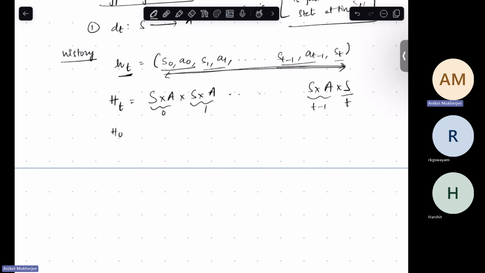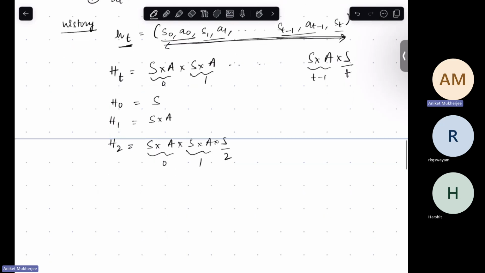H0 is the set of histories at time 0, which would just be S. H1 is the set of histories at time 1. At time 1 you have already taken an action, so it will be more than h0, it will be two dimensional. Then h2, at time 2, will be s a s a s. These two are for 0, these two are for 1, and this is for 2. So it will keep on increasing.